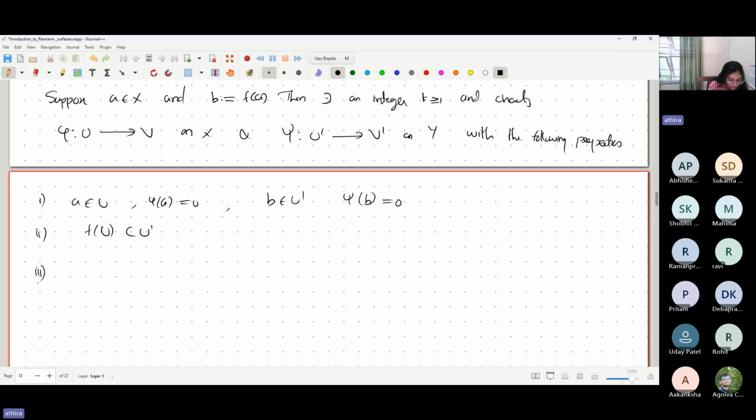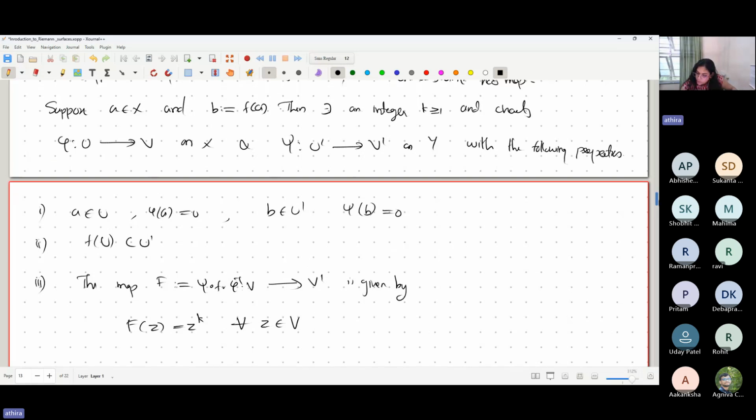Third one is the local behavior of the holomorphic map. The map F defined as the composite map psi composed with f composed with phi inverse, from V to V', is given by F(z) equal to z to the power k for all z belongs to V.